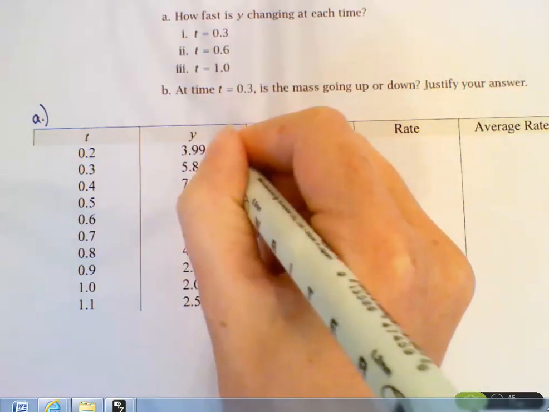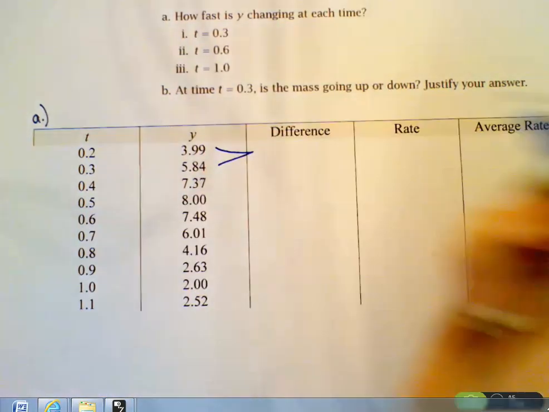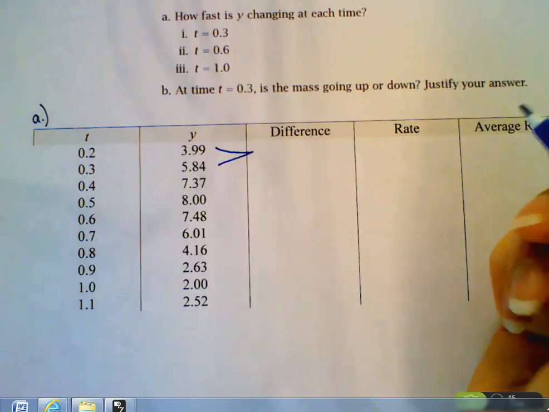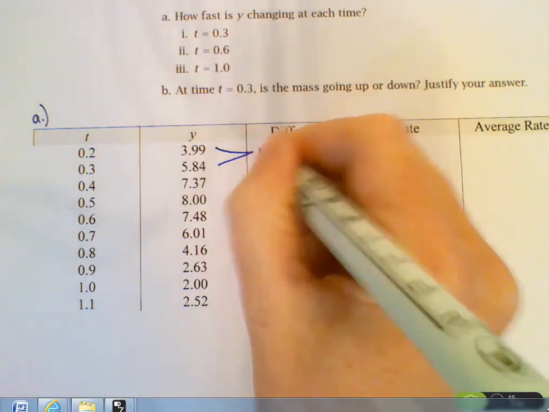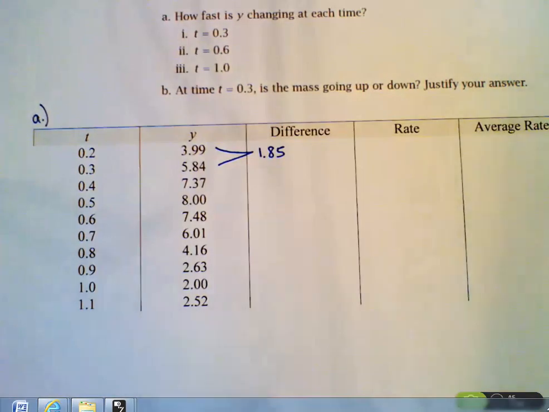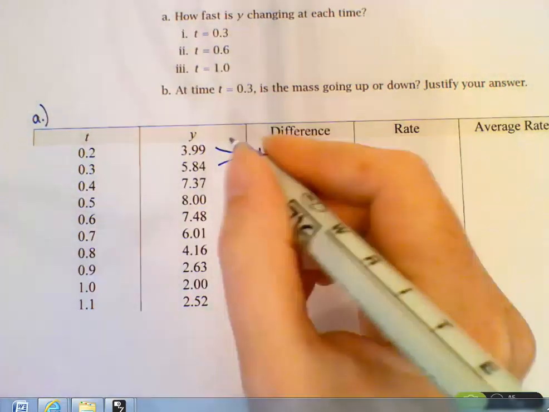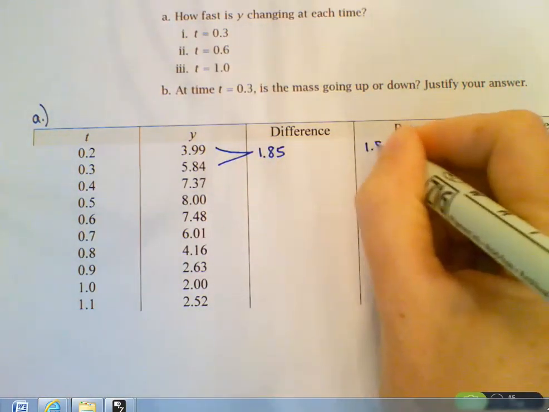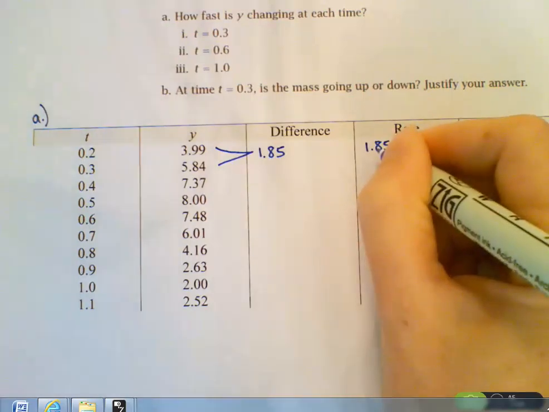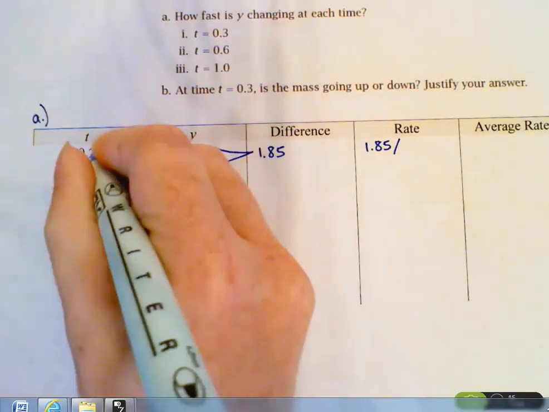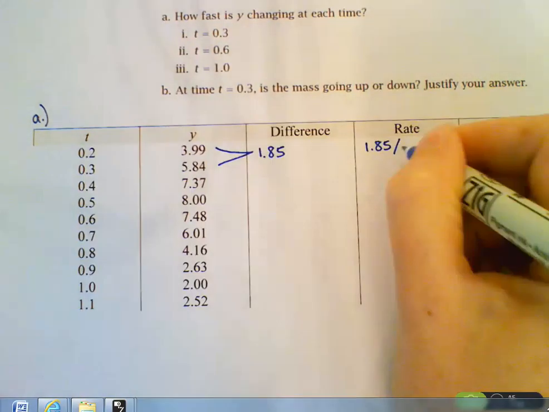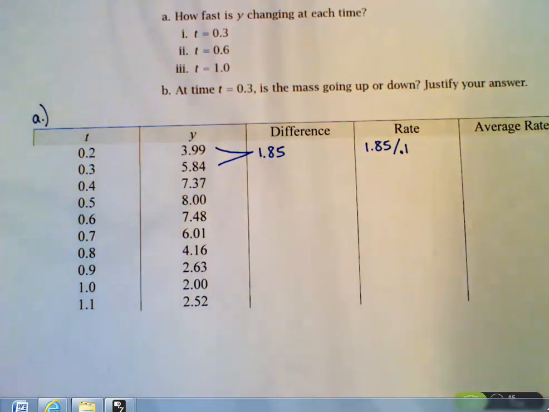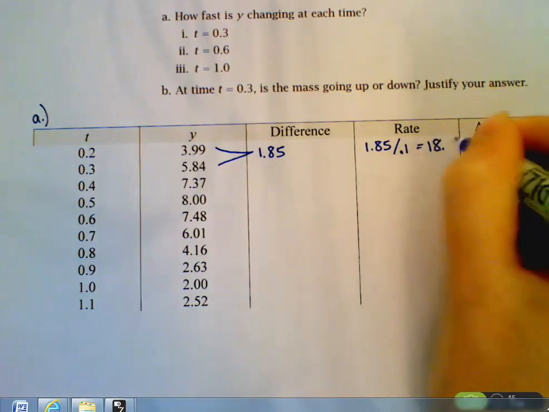So let's find the difference between these two y values. The change in y is going to be 1.85. And then we're going to find what that rate would be. So it would be 1.85 divided by the change in t, which is just 0.1. So that equals 18.5.